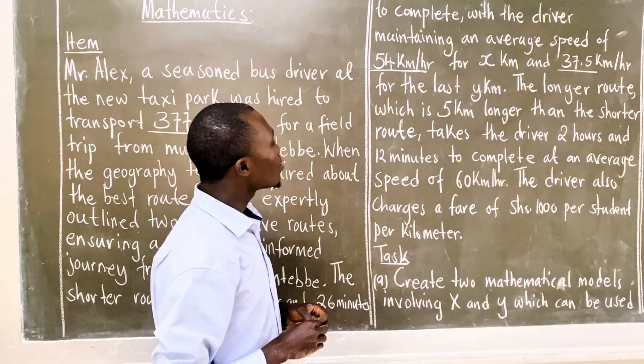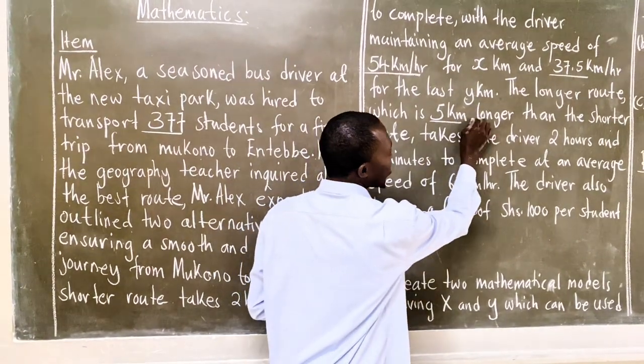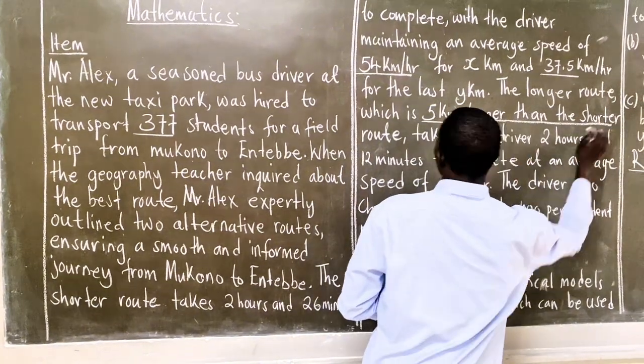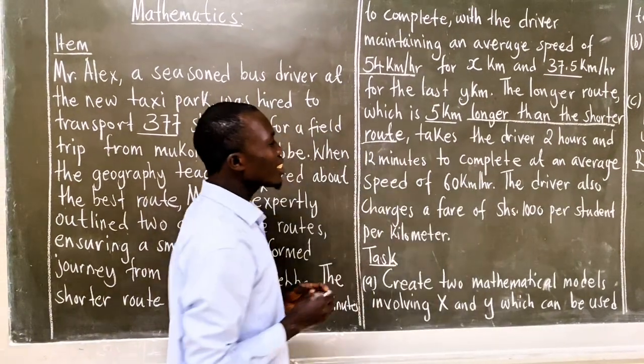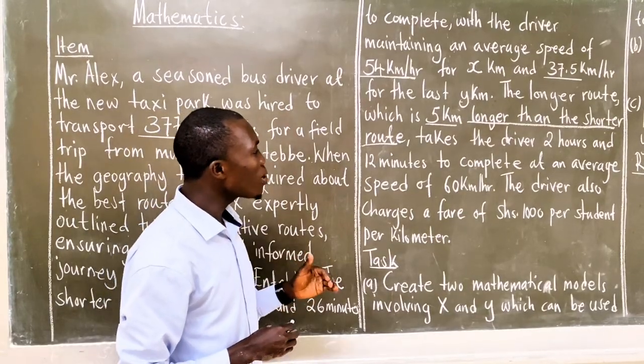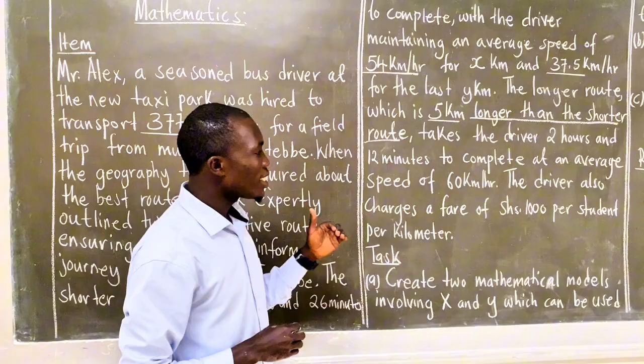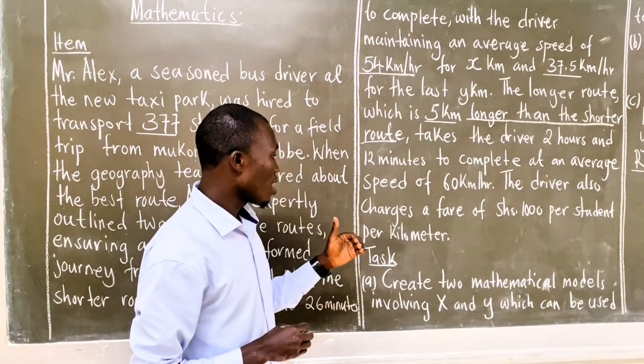The longer route, which is 5 kilometers longer than the shorter route, takes the driver 2 hours and 12 minutes to complete at an average speed of 60 kilometers per hour.